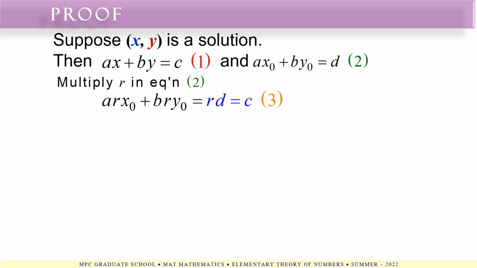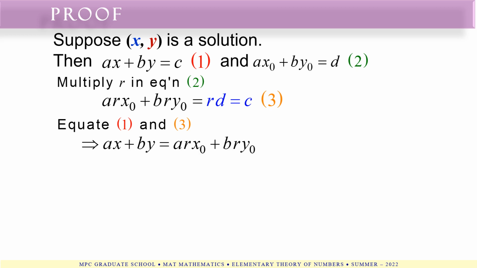We'll come up with equation 3, a r x sub 0 plus b r y sub 0 equals r d, that is also equal to c. Let's equate equation 1 and equation 3. We have ax plus by equals a r x sub 0 plus b r y sub 0.